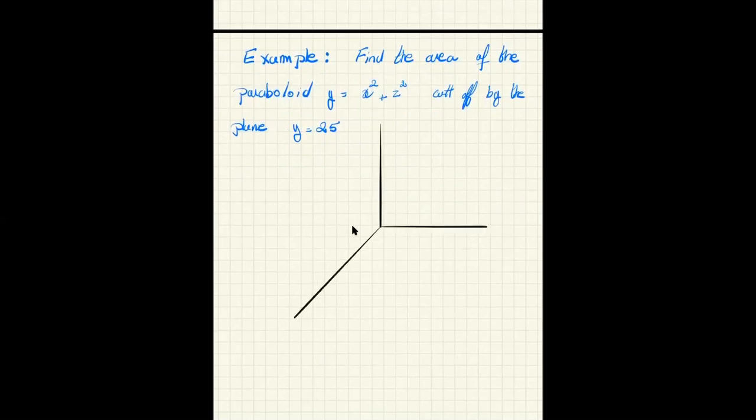so we have this. So this is y, this is x, and this is z. So it's a kind of reverse parabola from the one you're used to.